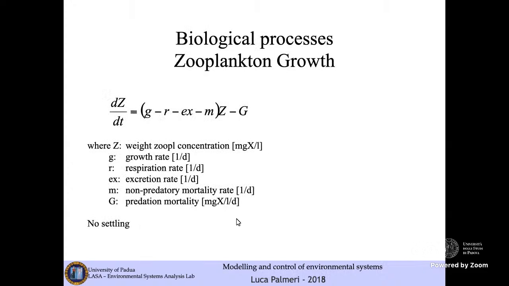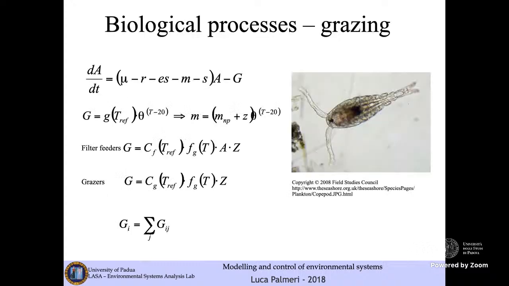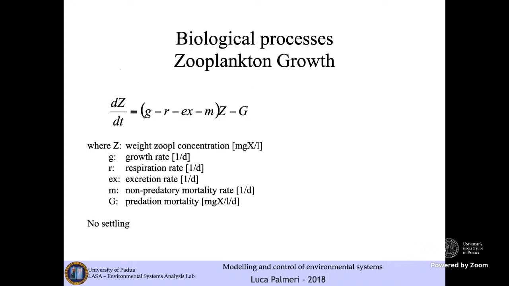Now, in particular, in the case of the zooplankton growth, given this definition, we may write that the concentration of zooplankton varies in time as an effect of the growth rate, again the growth rate of zooplankton, minus respiration rate of zooplankton, exudation, non-predatory mortality of zooplankton, multiplied by the concentration of zooplankton itself.